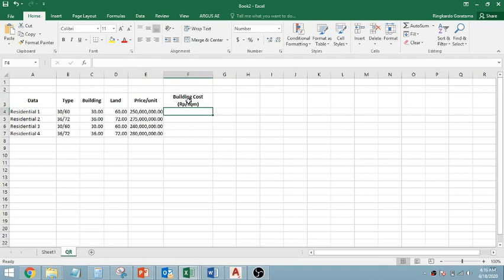That's why when we do the site visit, when we're collecting the market comparable, we need to know the quality of the comparable, the quality of the building. So let's say for residential 1, the cost to build the residential house is 3 million per square meter. For residential 2 it is 3.2, residential 3 is 3 million, and this is for residential 4.